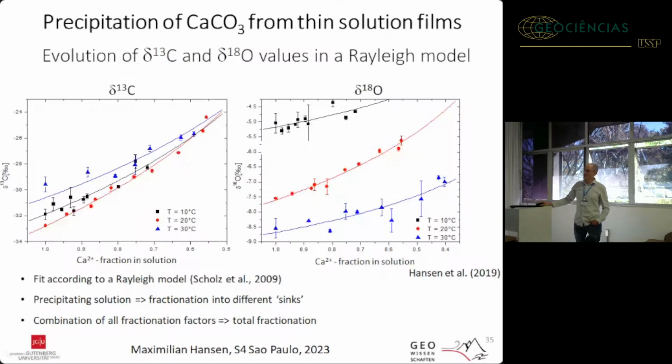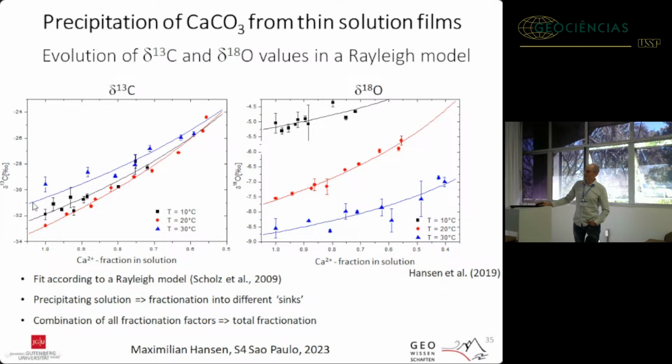So here would be the initial state of the solution, where there's still 100% of calcium ions from the initial solution present, and then it starts to precipitate and you get removal of calcium ions from the solution. Over here you only have 50% of the initial calcium concentration.